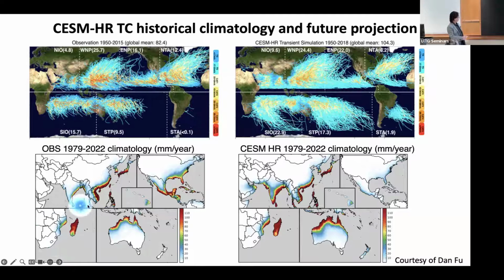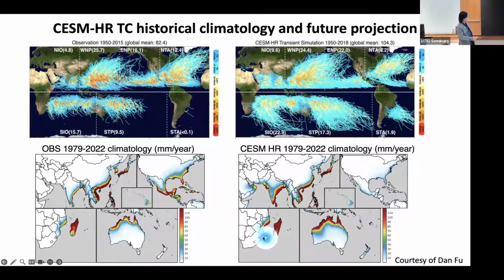You can see a lot of the region in the Western Pacific, of course, expects a large impact of the tropical cyclones. Some of the Indian Ocean, North Australia, over our side, the Gulf Coast, East Coast of US, and Central America also have a lot of precipitation related to the tropical cyclone. And this is the model simulation.